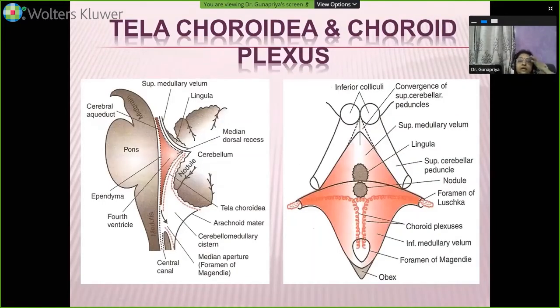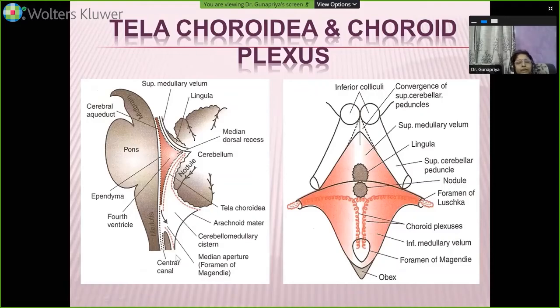Now this fourth ventricle is supposed to contain CSF, and CSF has to be constantly replaced. It has to be synthesized, circulate, be reabsorbed, synthesized, circulate, reabsorbed. It goes on. It keeps going on. So how is it possible? The cavities of all these brain ventricles are lined by a double layered fold of pia mater known as tela choroidea.